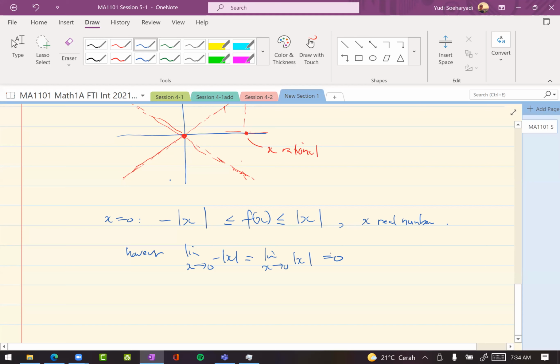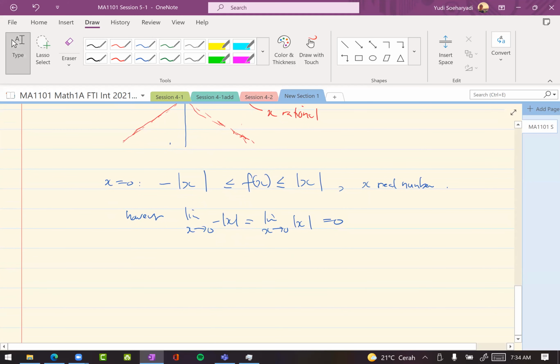So this tells you that by the squeeze theorem, the limit is the same as f of 0, because 0 is rational.